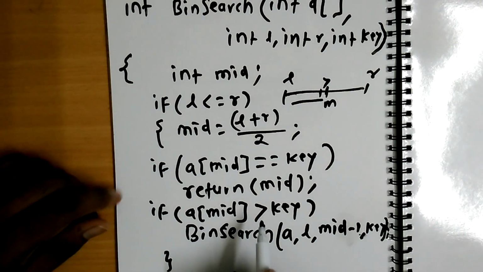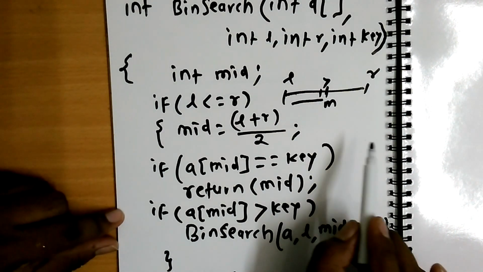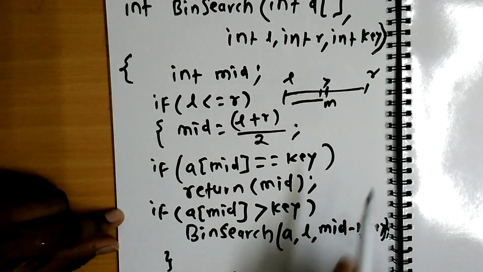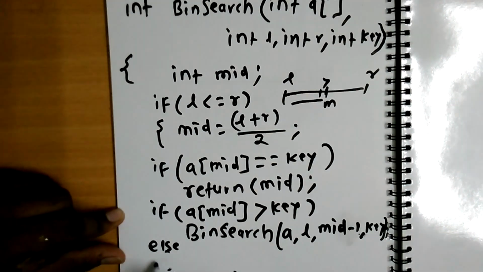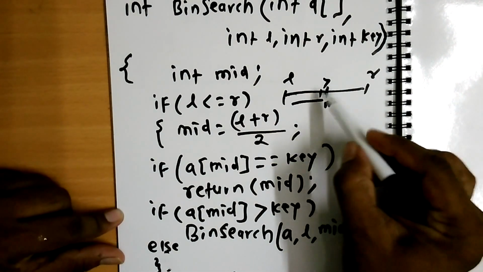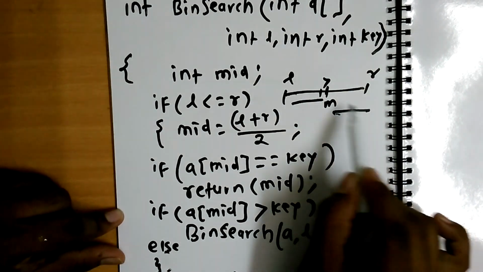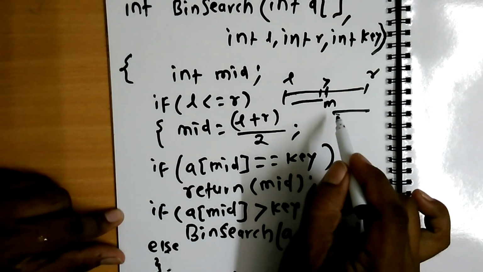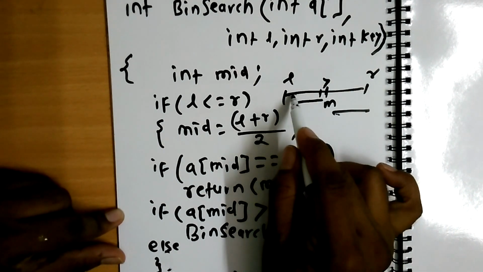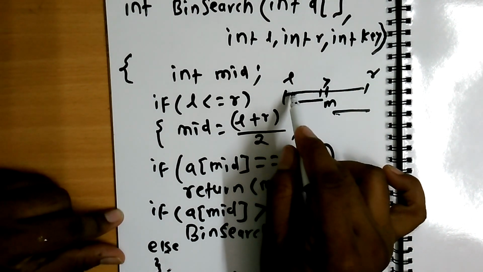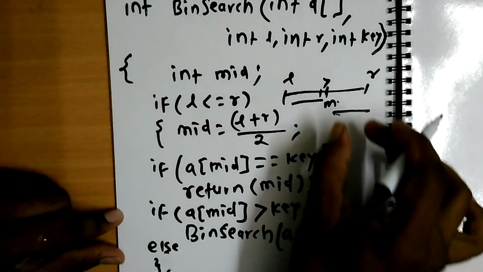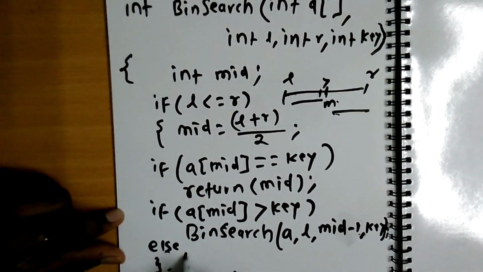So that will be my call if my key is less than mid. Else, if my key is greater than mid, I'm going to the right part. That means my L changes. I'll call binary search on this part.